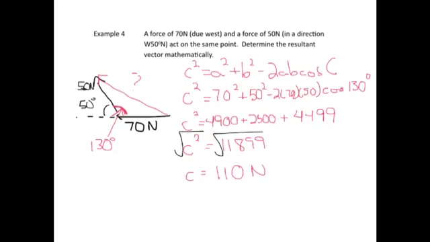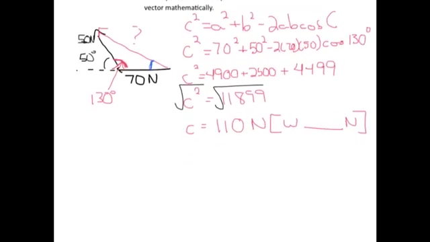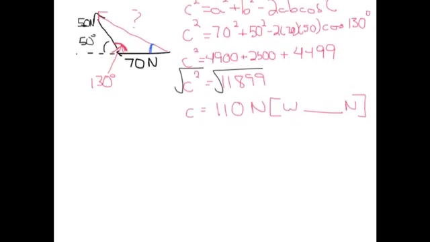The angle, well, is the angle from the first vector up to the resultant. They're in blue. That angle is generally west and some angle north. To find the angle, this is where we use law of sines.